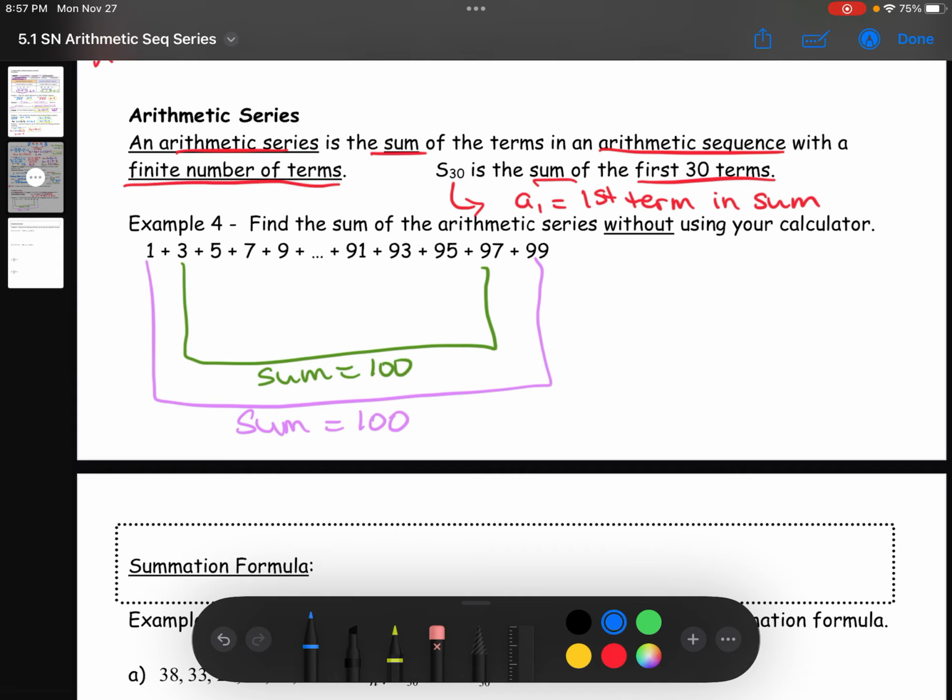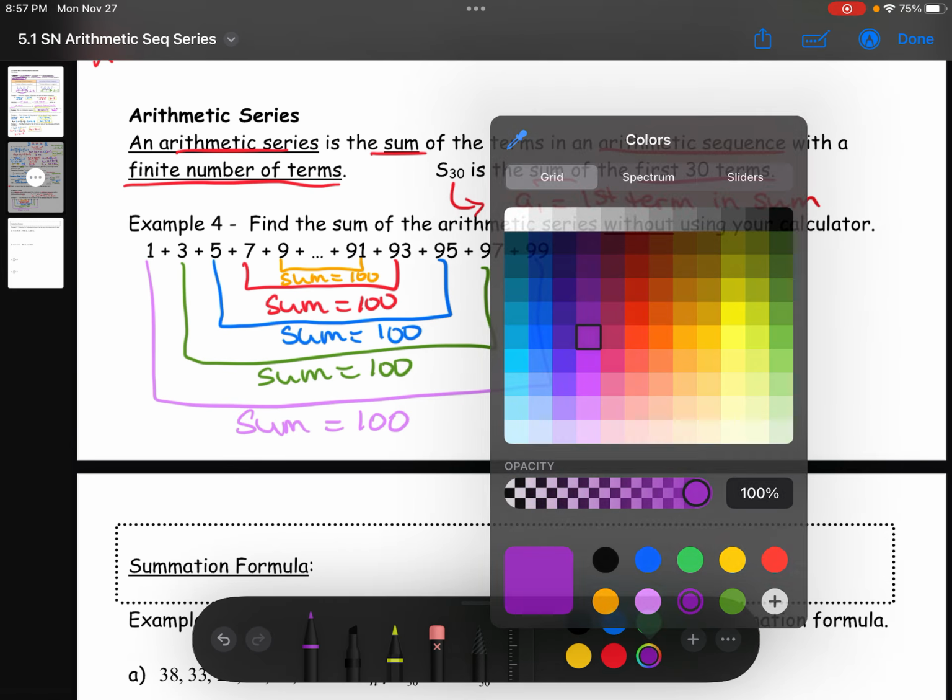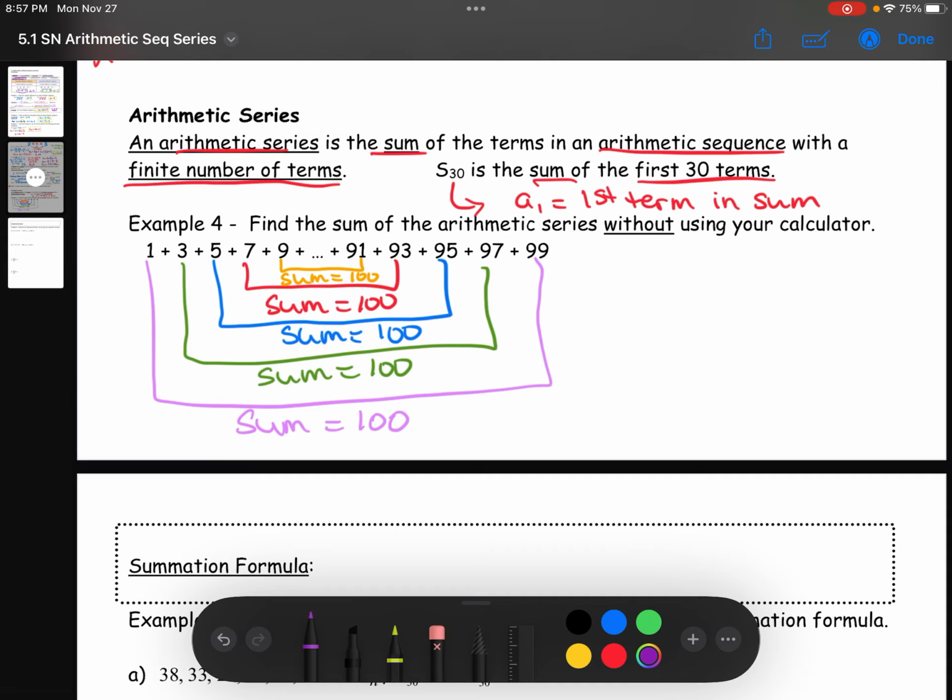Are we seeing what's going on here? The third term and third to last term, their sum is 100. And 7 and 93, their sum is 100. Do it one more time. 9 and 91, their sum is 100. So we can pair these numbers together so that their sum is 100.